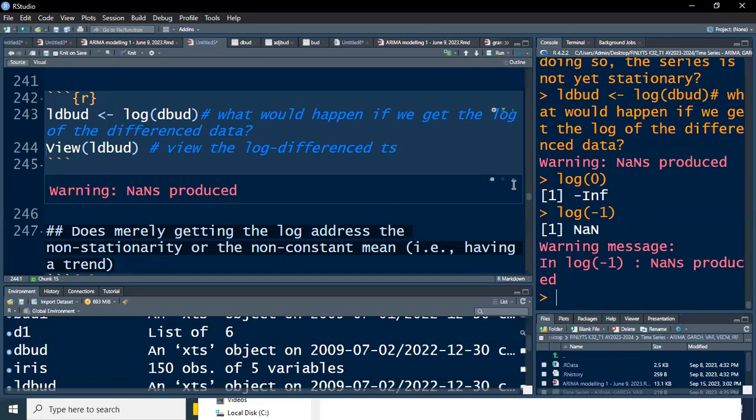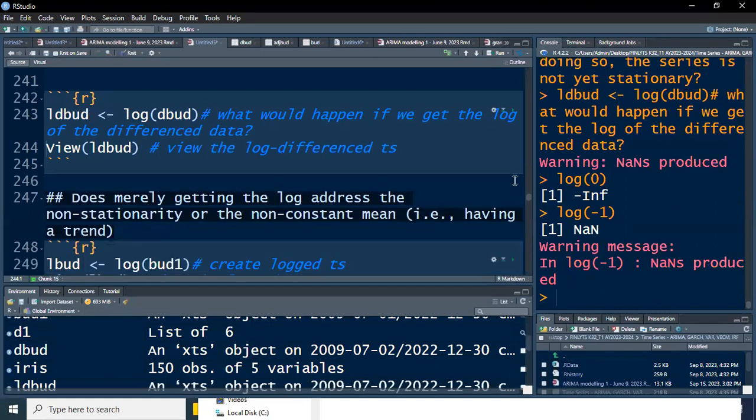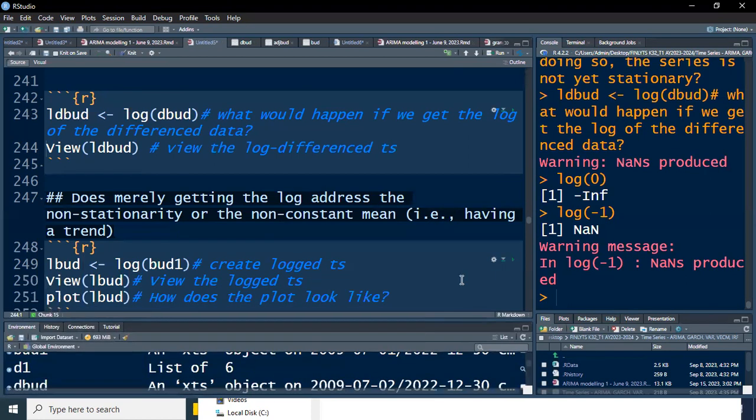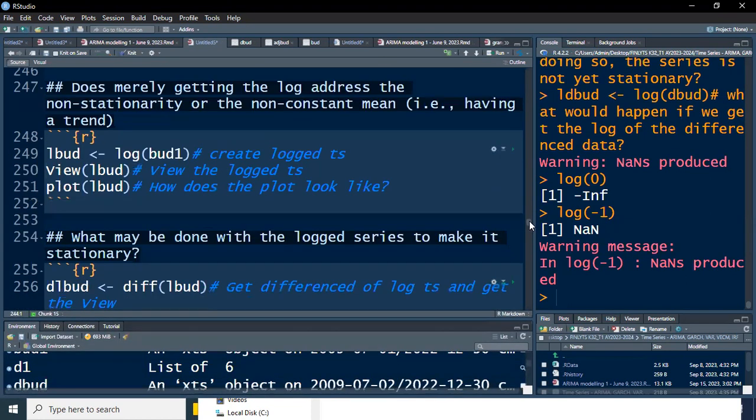So in case you need to transform the data and convert it into stationary as far as variance is concerned, if it's not stationary in variance, then you will have to get the log first. So it's best to get the log first and then get the difference if there's trend. It's not just best, it's the right way to go.